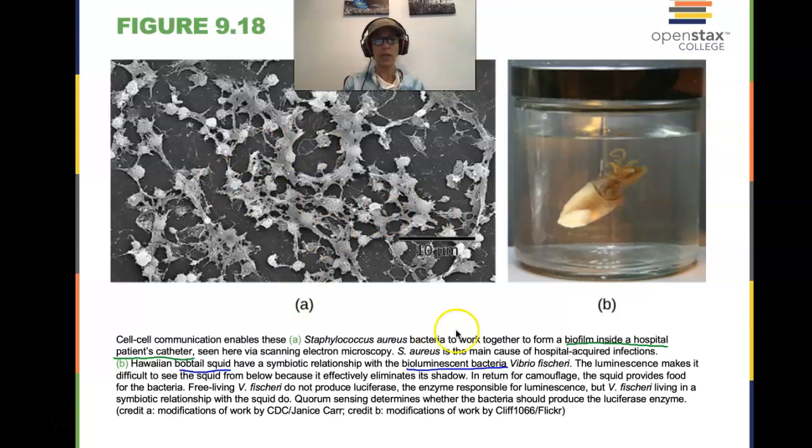And when they are in close contact, again, once there are enough of them, they secrete autoinducers that indicate the level of population has reached a threshold, and then they trigger the entire population of the Staph aureus to secrete toxins. The toxins cause great disease in the host.